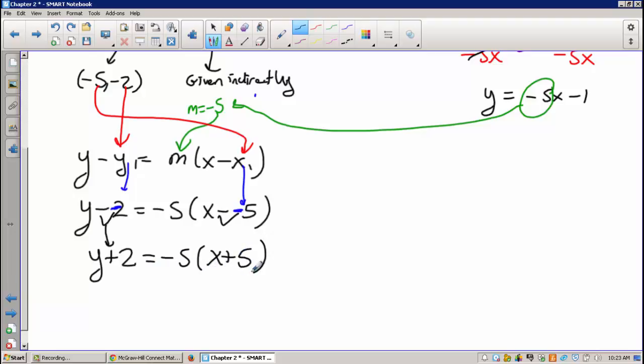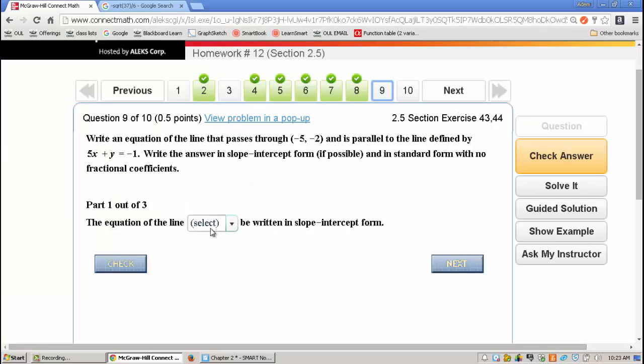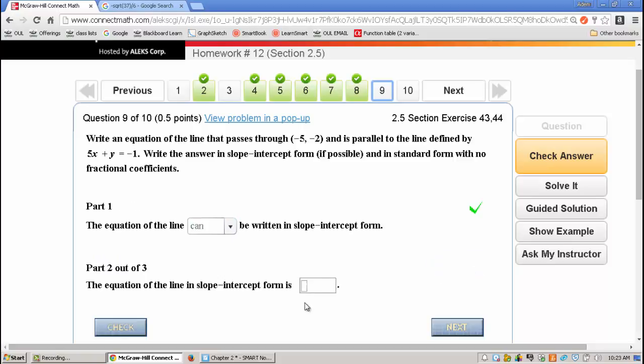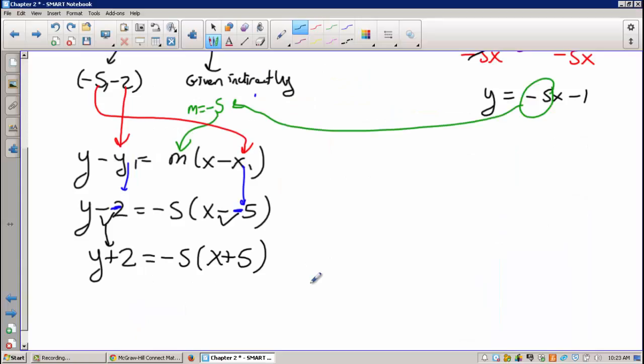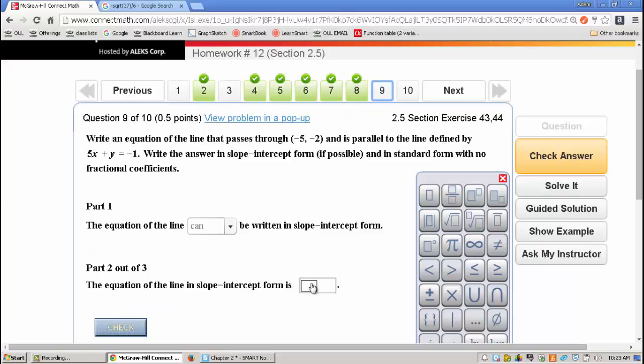Well, so is our answer complete? I'm going to say yes, we can find slope intercept form, and I'm going to type this in here. Y plus 2 equals minus 5. Am I doing everything right?